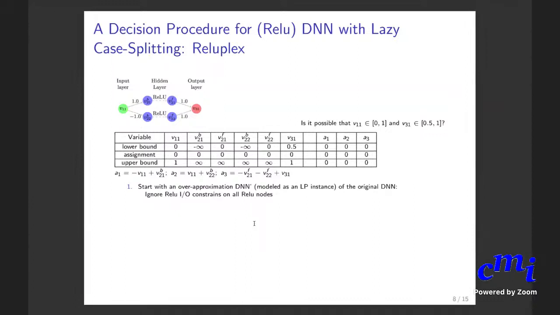And there are equality constraints that define these internal nodes in terms of their inputs feeding into them. The reason this is an over-approximation is that I'm not imposing the actual ReLU constraint between the input and output of each ReLU.